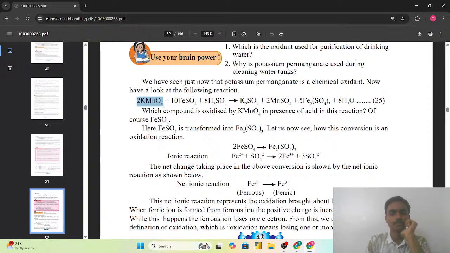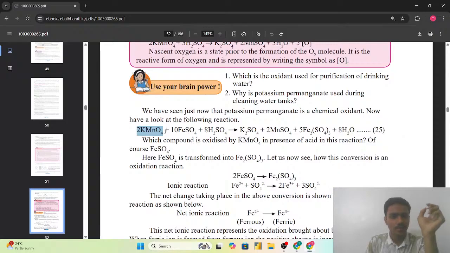So KMnO4, that is potassium permanganate, when it reacts with ferrous sulfate, that is iron sulfate, with H2SO4, leads to formation of potassium sulfate K2SO4, manganese sulfate MnSO4, ferric sulfate, and water is released.